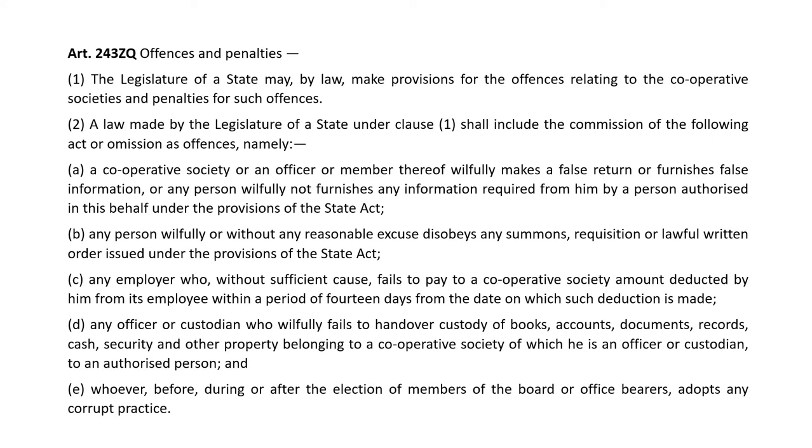Any officer or custodian who willfully fails to hand over custody of books, accounts, documents, records, cash, security, and other property belonging to a cooperative society of which he is an officer or custodian to an authorized person, and whoever before, during, or after the election of members of the board or office bearers adopts any corrupt practice.